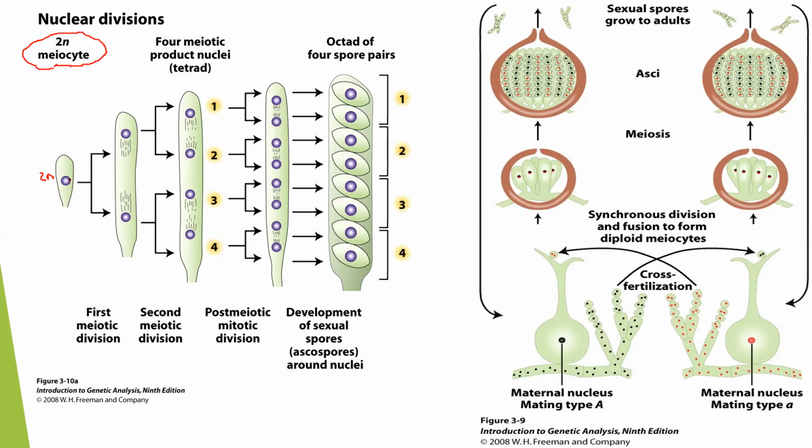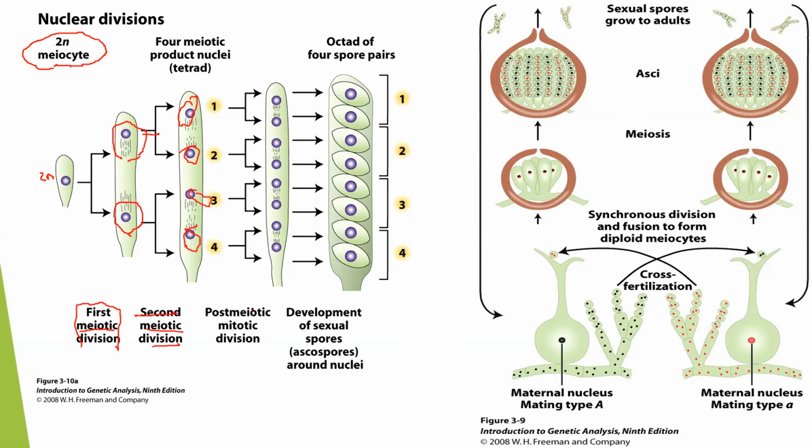This meiocyte will go through the first meiotic division to produce 2 cells. This is the same as regular meiosis. Each of these daughter cells will go through the second meiotic division to produce another 2 each.